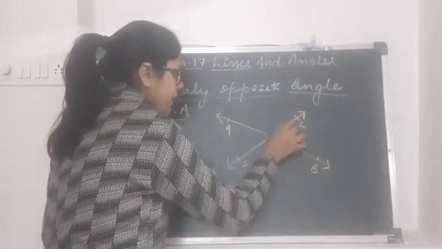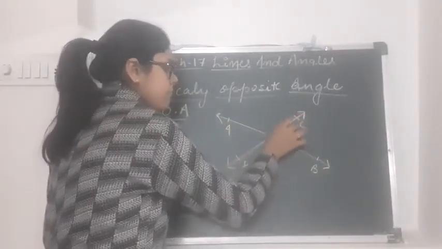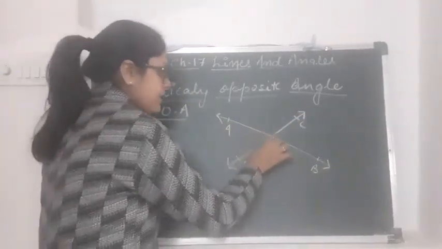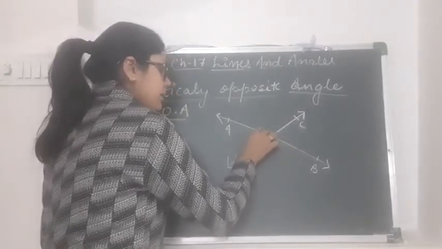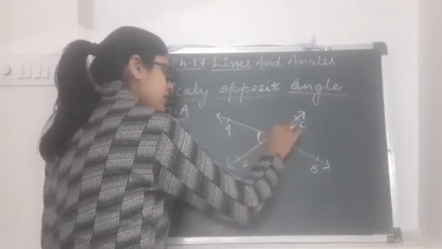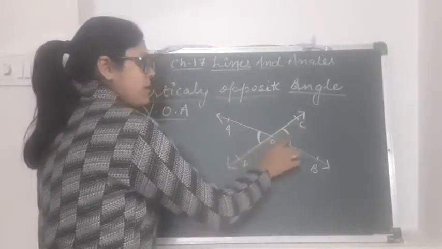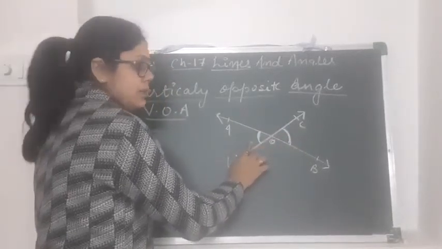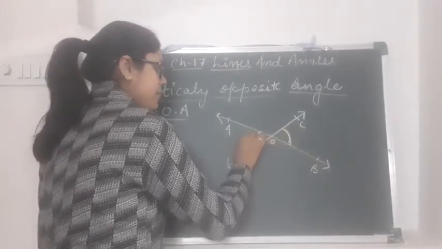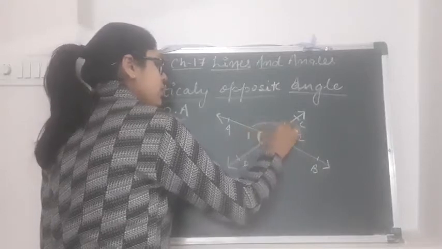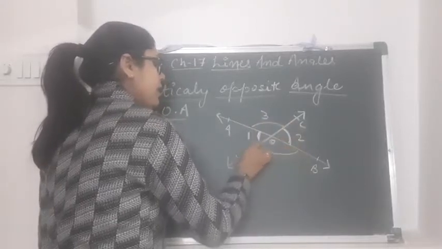See, AOB and this GOC, when they are intersecting at point O, then one pair of opposite angles is formed like this. This angle is opposite to this angle. Let us name them angle 1, angle 2, angle 3 and angle 4.